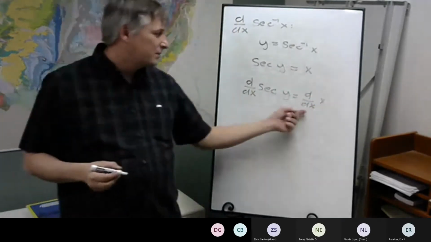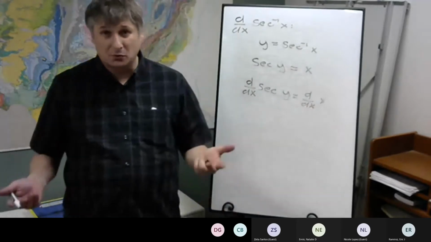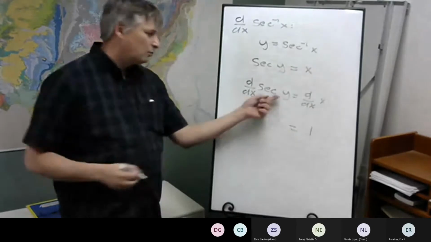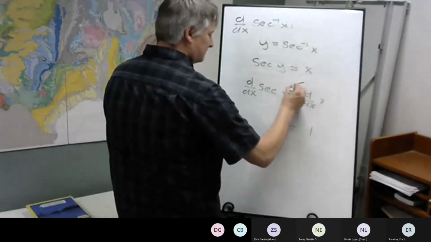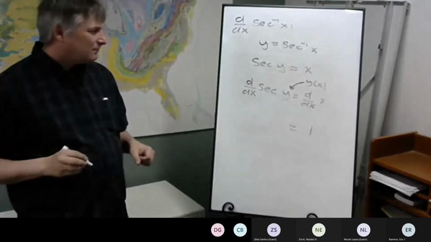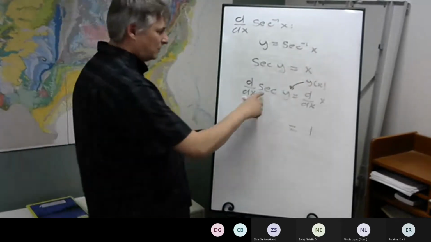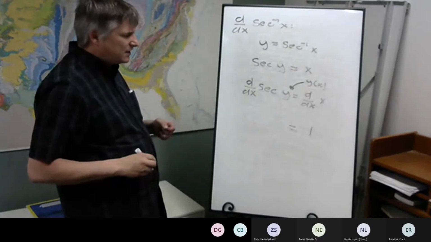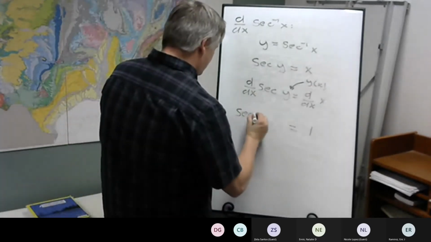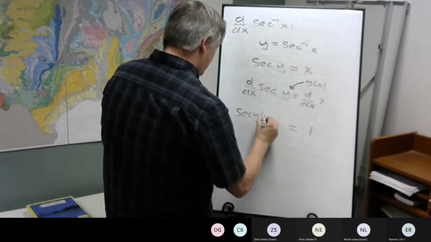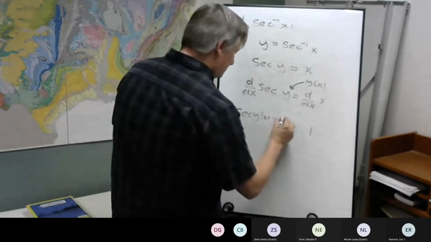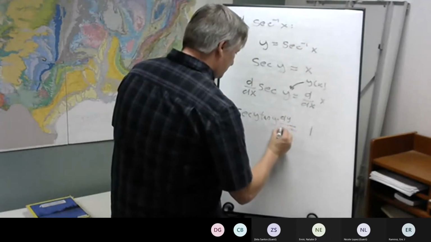So once again, the derivative with respect to x of x is 1. And for this one, we're going to use the chain rule. y is a function of x. Using that notation there, what we'll get is, well, the derivative of the secant of y, the derivative of secant is secant y tangent y, and then, because of the chain rule, dy/dx.